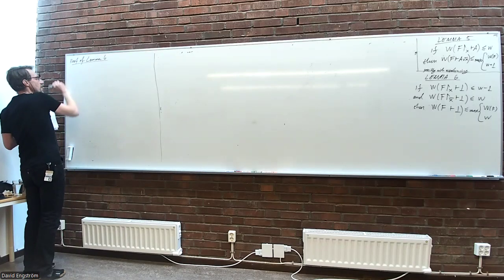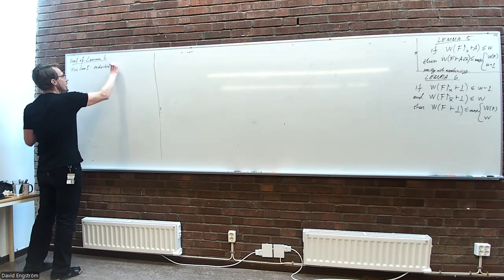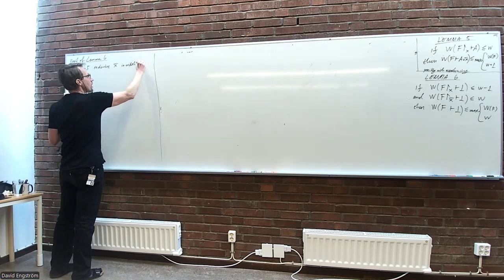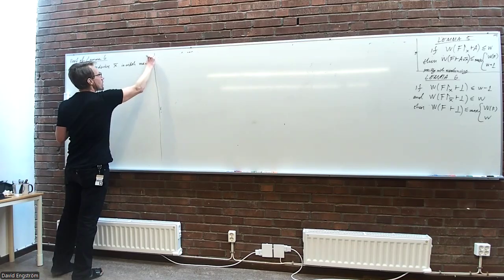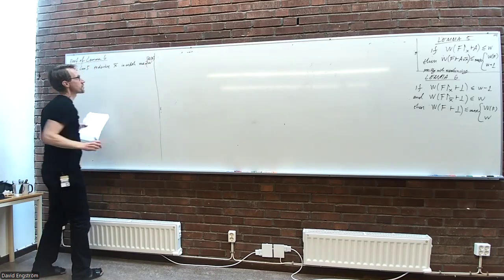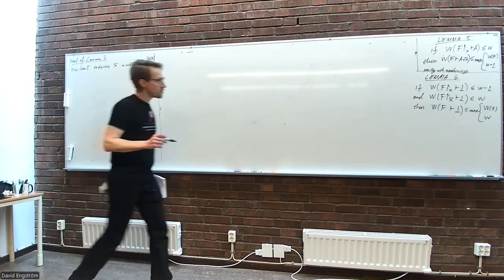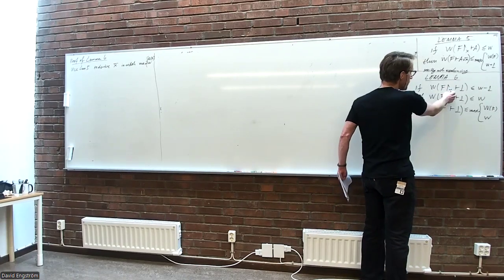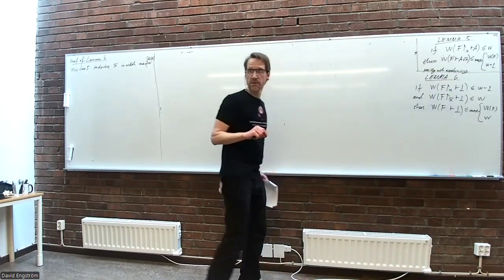First, I use lemma 5 to derive not X in width max of lowercase w and uppercase W of F. There is some refutation that refutes this. If I just unrestrict, then I will pick up not X in width W. Right?